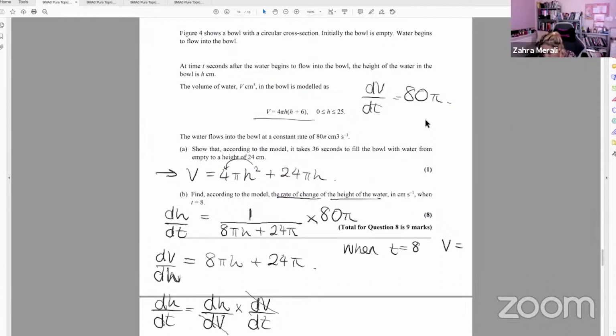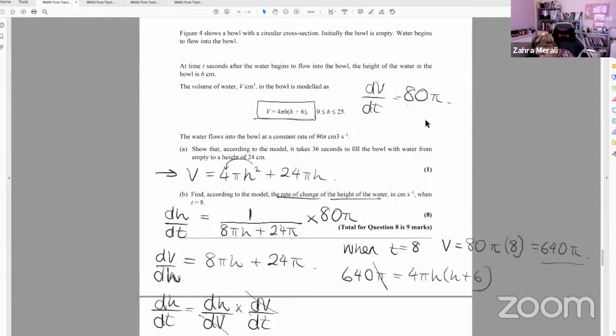It's being filled at 80π every second, and there's 8 seconds. So the volume is going to be 640π. So then I can say 640π equals all of this. So 640π equals 4πh(h plus 6).